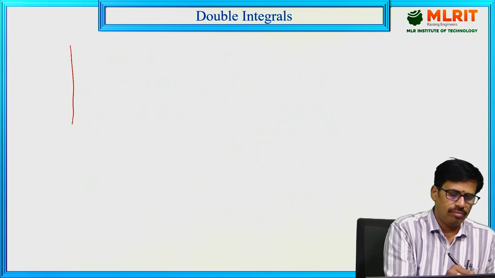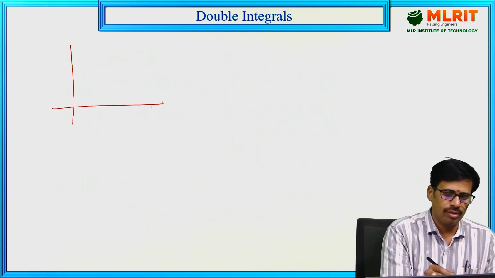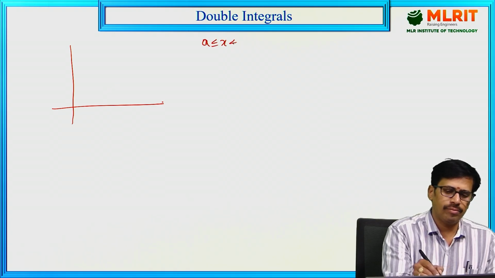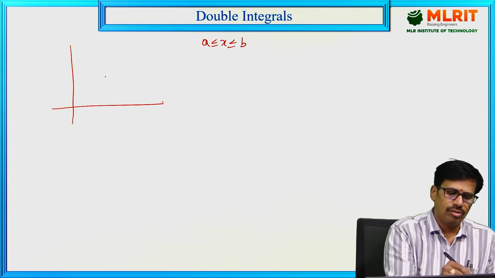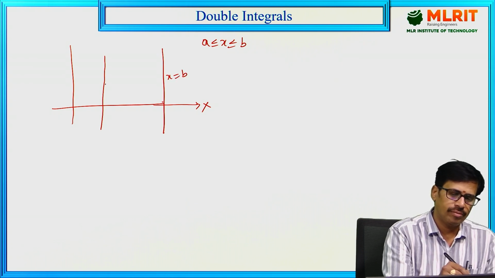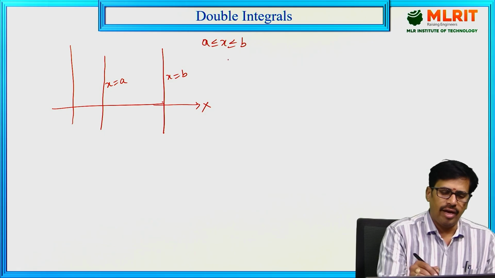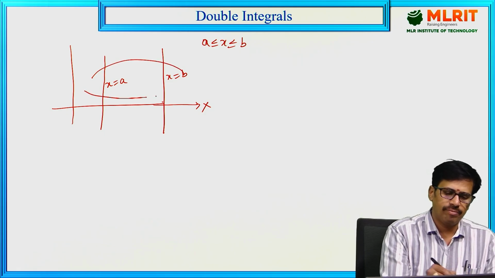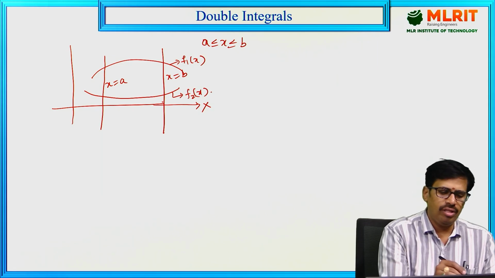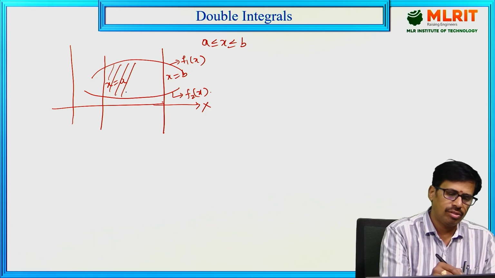So x is equal to a to b, and so this is the line x equal to a, this is the x axis, this is the line x equal to b, and y is some function of x, this is f1 of x and this is f2 of x. Between these two lines and these two curves, this is the area which we have to find.